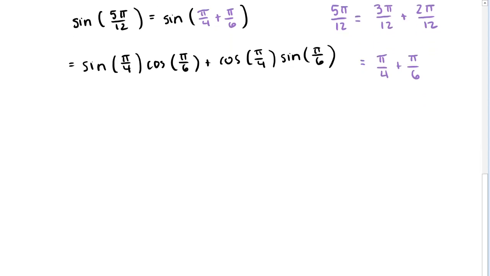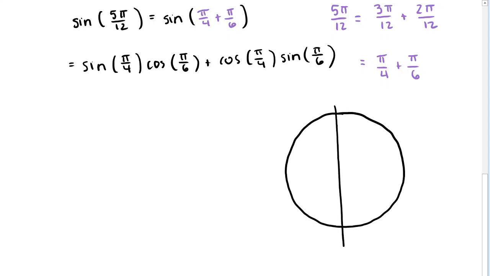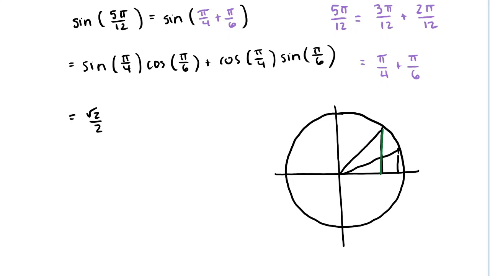And so let's draw a new unit circle here. We're going to be dealing with the angles pi over 6 and pi over 4. Sine of pi over 4 is the square root of 2 over 2. Cosine of pi over 6, that's this distance here, the square root of 3 over 2.